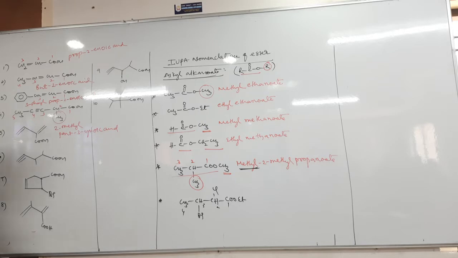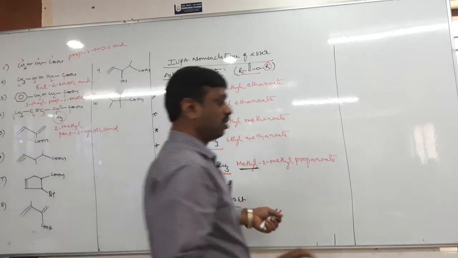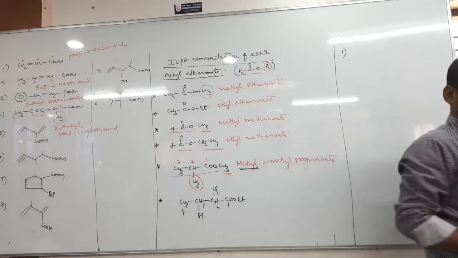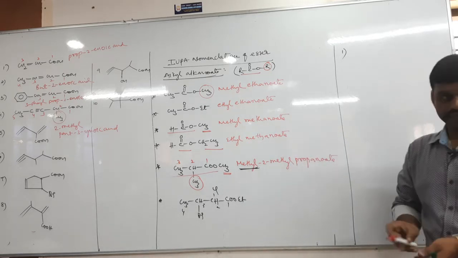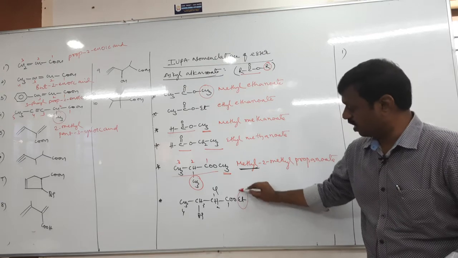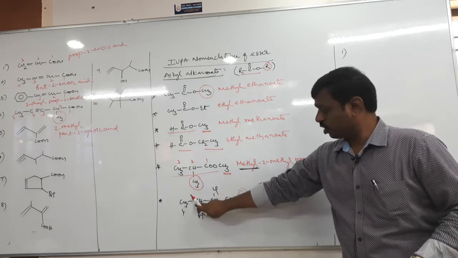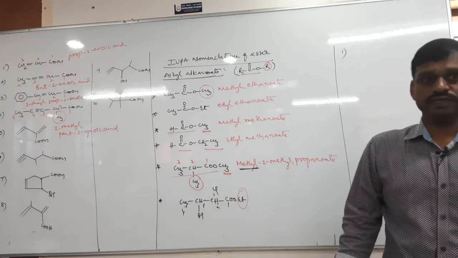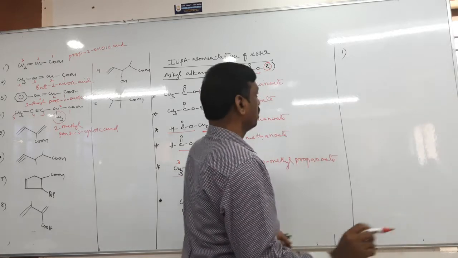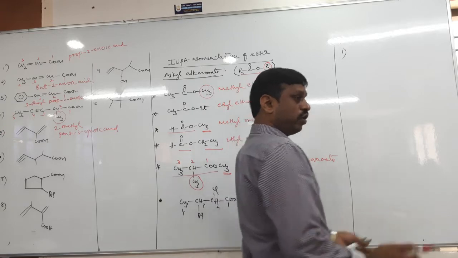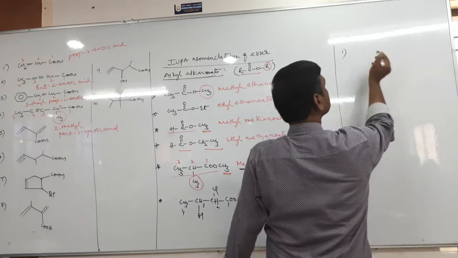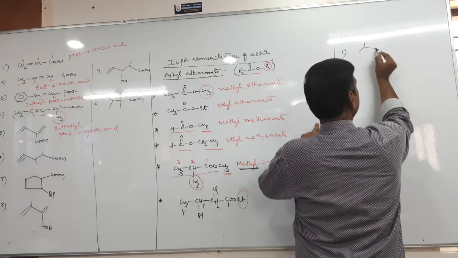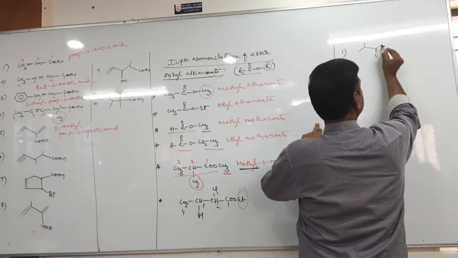So take one question. Write the IUPAC names of the following ester. Have you written this? It is ethyl 3 bromo 2 chloro butanoate. Right. So write the IUPAC names of the following esters.